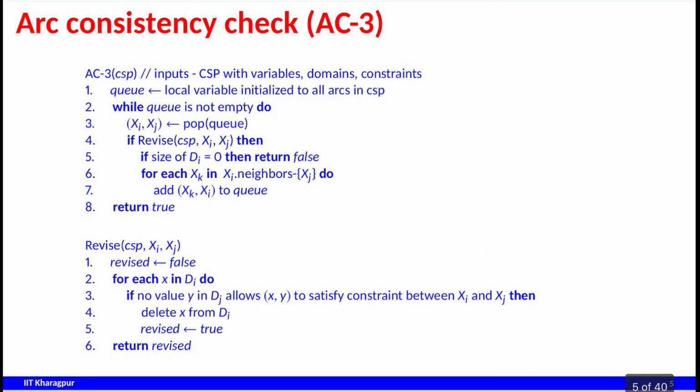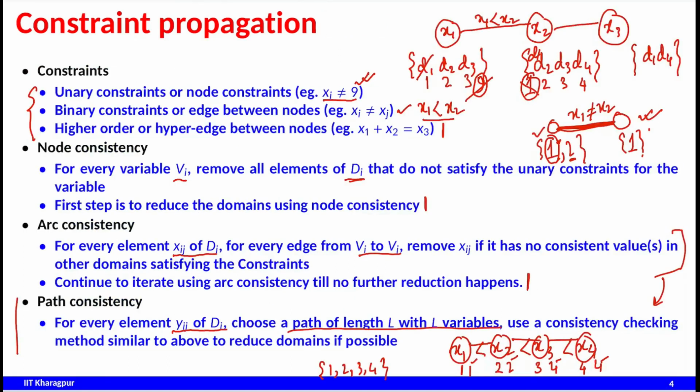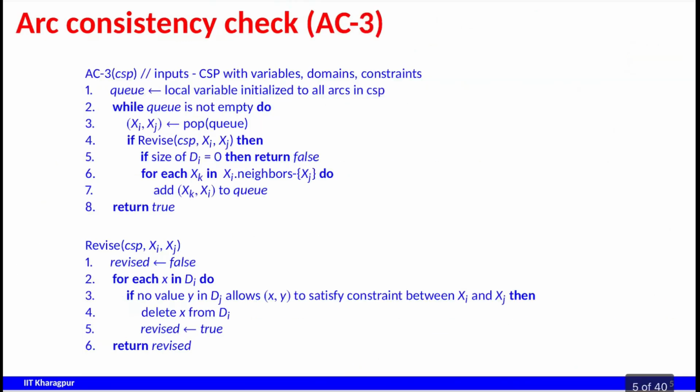Now the way we actually execute this arc consistency, we are going to see with an example as well as with an algorithm. The way it works is as follows.